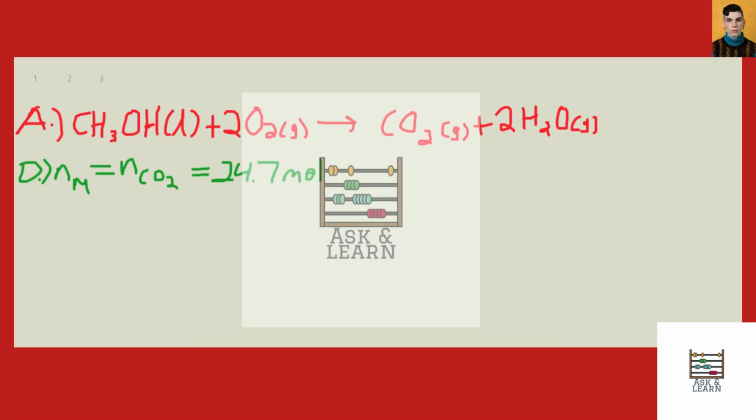Now we have to convert that to mass. The molar mass of CO2 is 44 grams per mole. 24.7 times 44 is 1,086.8 grams.